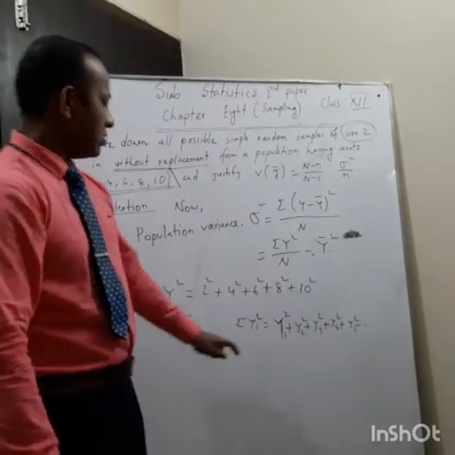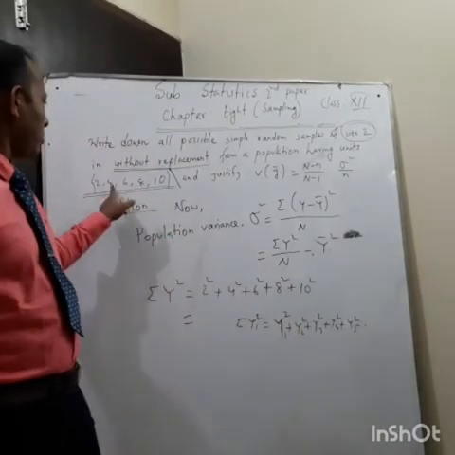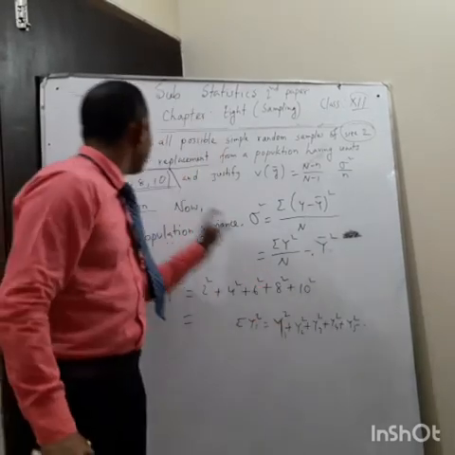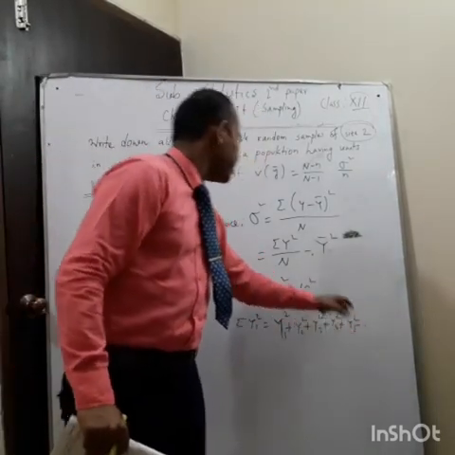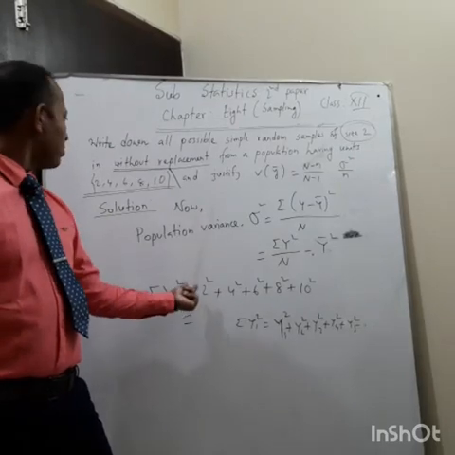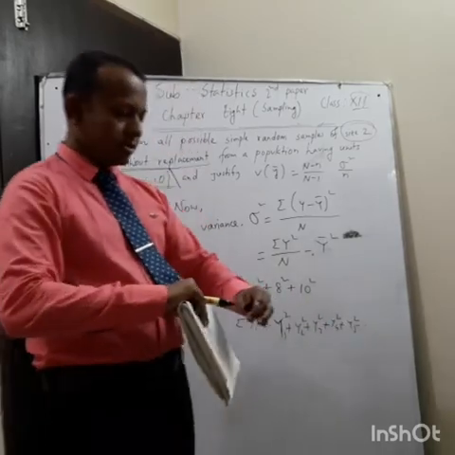By this sense, y1 means the first value, y2 the second, y3 the third, y4 the fourth, and y5 the fifth value, that is 10.